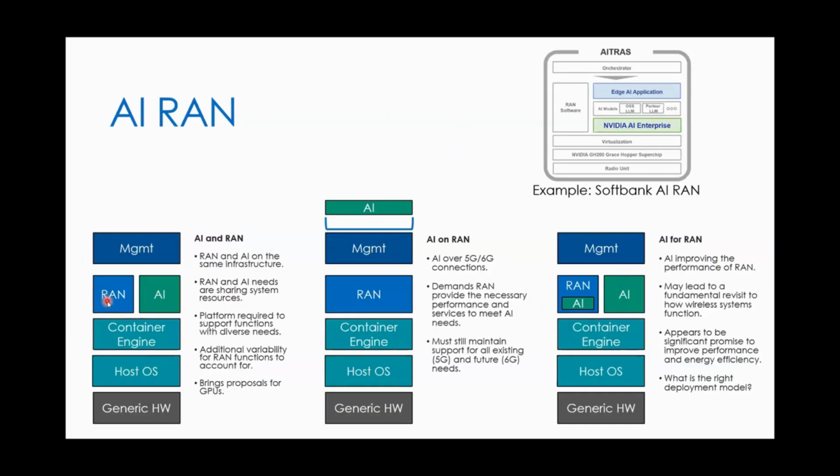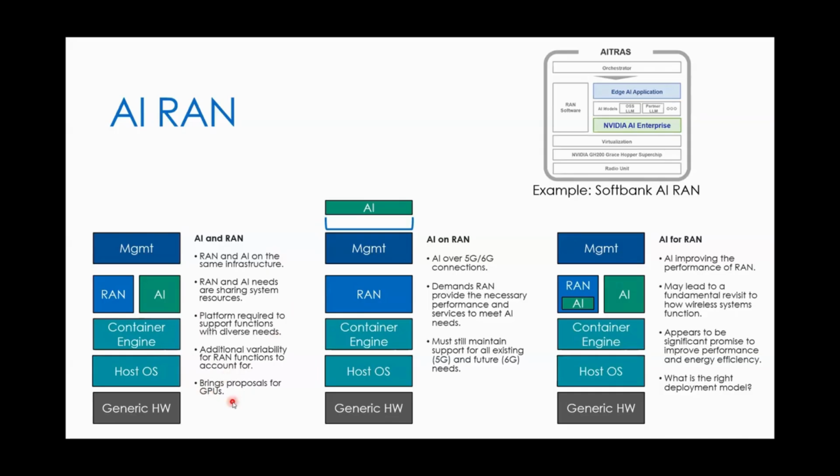So I have some RAN functions, I have AI functions, and I'm going to run them on this cloud RAN model where they're running in containers on some generic hardware. Basically, it's just trying to share those resources to do these different workloads, and they're not necessarily working together, they're just taking advantage of that infrastructure.